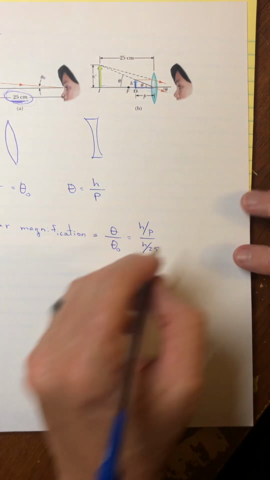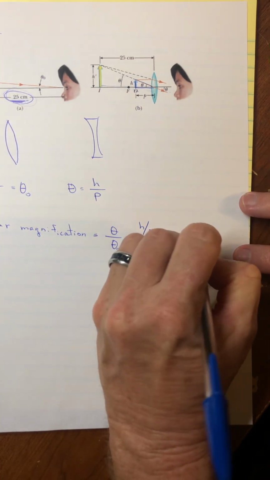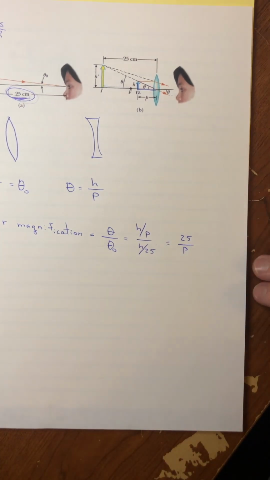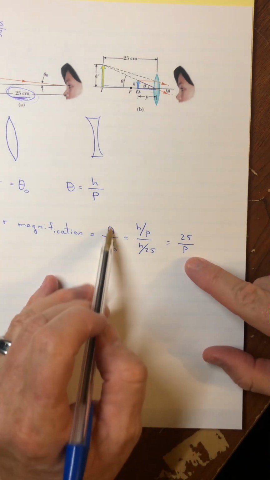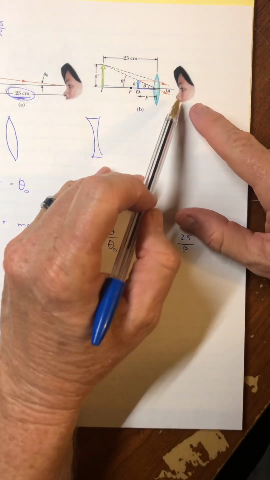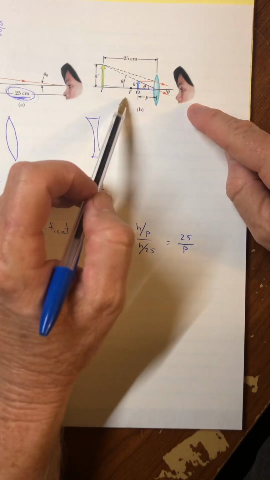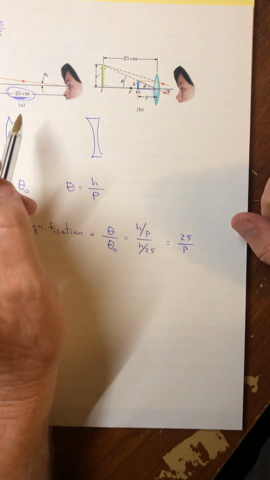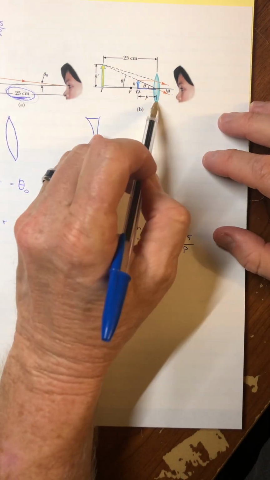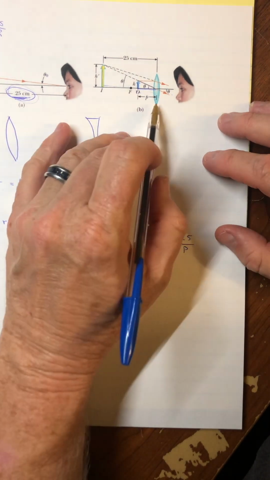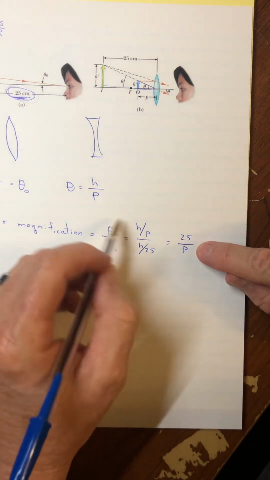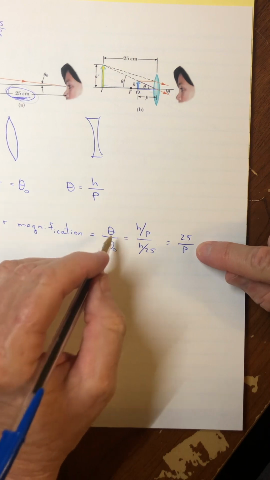Which, of course, when you simplify this, the 25 goes on top and the p goes underneath. Now, the reason this can be really big is because when you think about here with your human eye, back here, you're looking then at a p that can be kind of small, much under 25, and so this number is greater than 1, and so this helps.